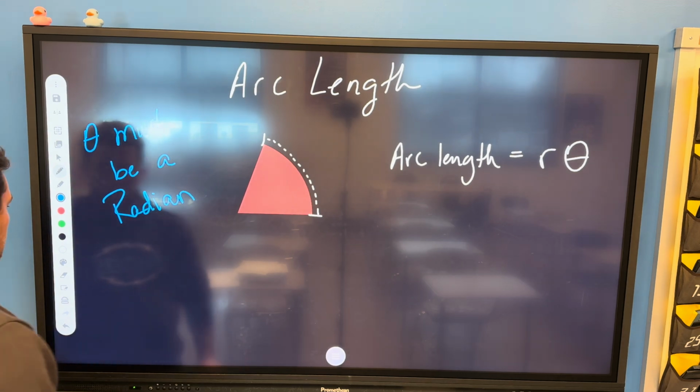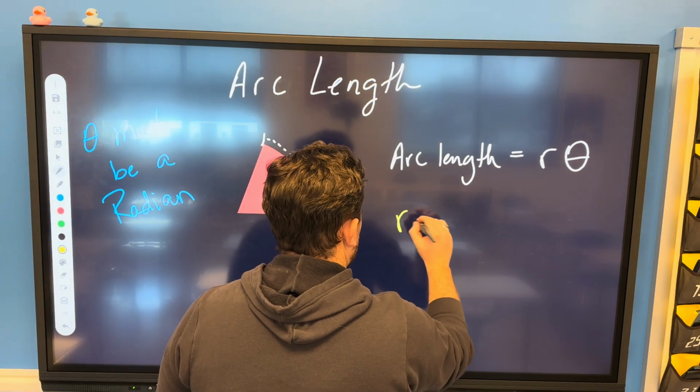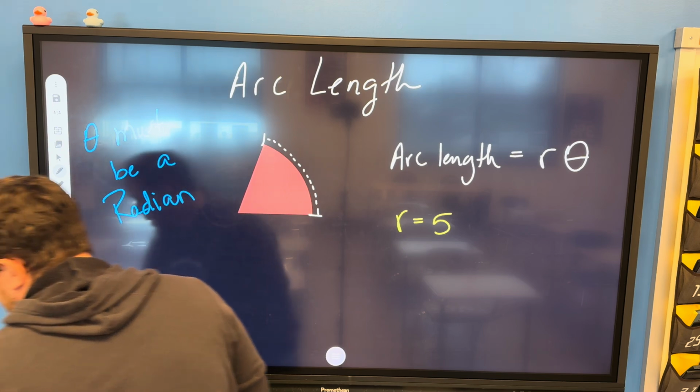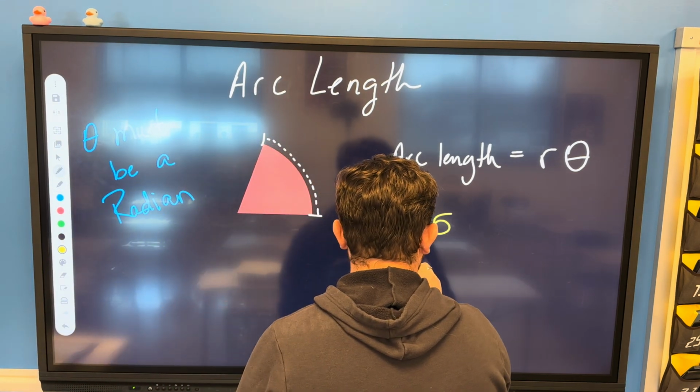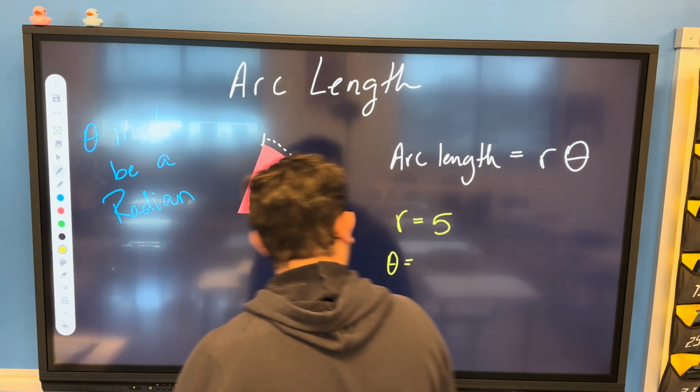So here's an example. Let's say that our radius is 5, and let's say that our radian, our degree measure, is pi over 4.